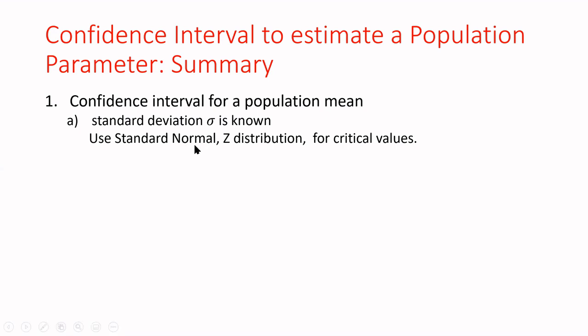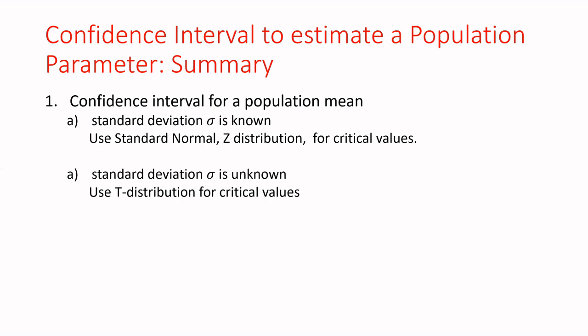In this case, you would use the standard normal or z-distribution for critical values. However, as I mentioned before, this is not a very realistic situation, so we're not going to go in depth on this one. Now, the more realistic situation is when you don't know the standard deviation of the population. In this case, you will use a t-distribution to figure out your critical values. That's for estimating population mean.